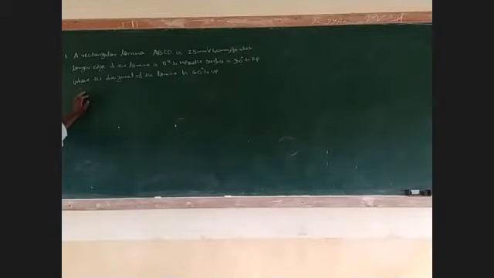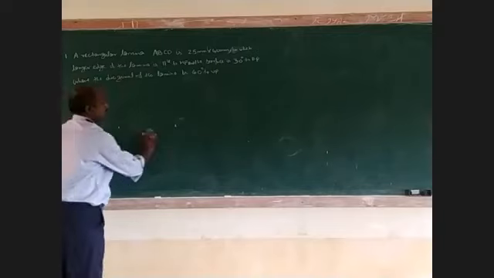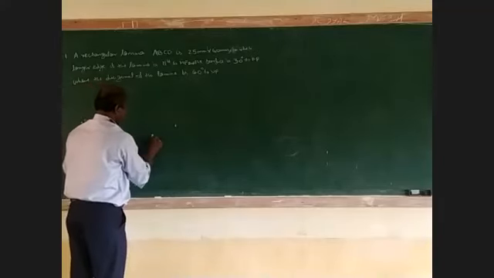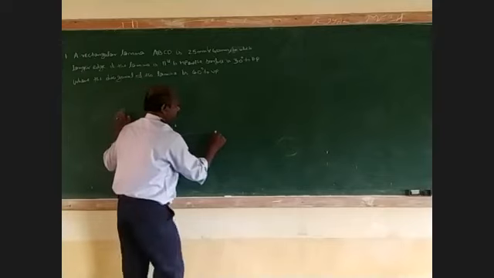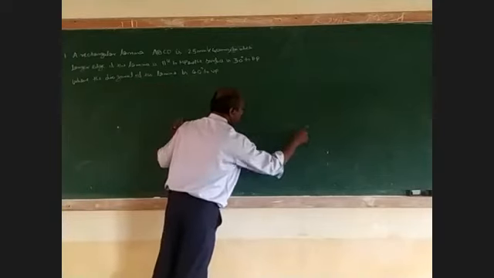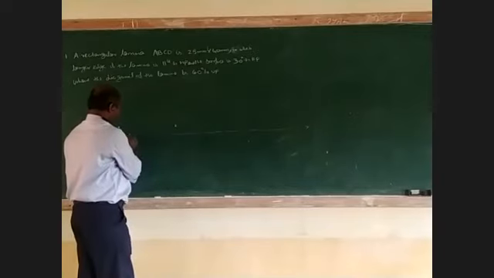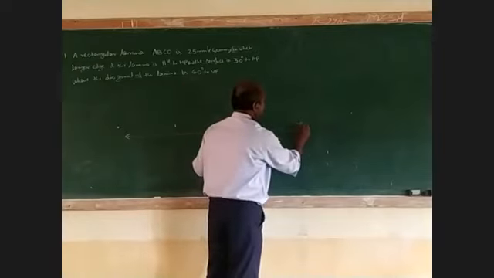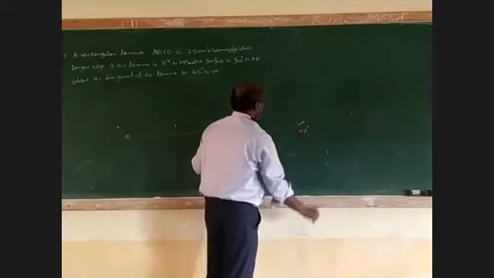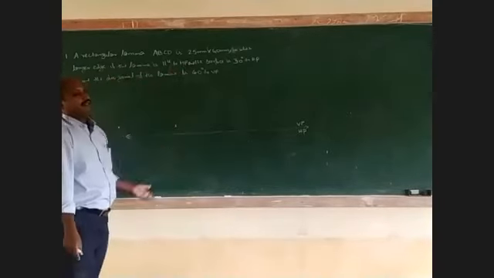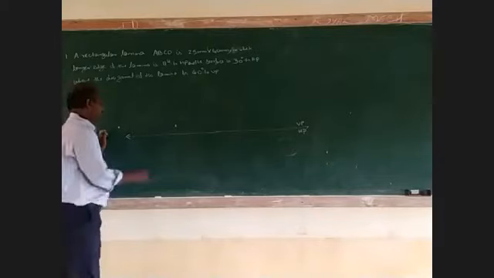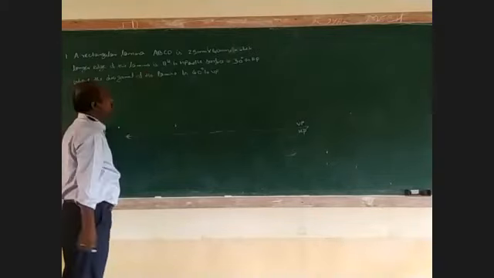If they give the condition above HP or below, then you have to take it. Otherwise, you have to take your own dimensions. They have to say it is parallel to HP.